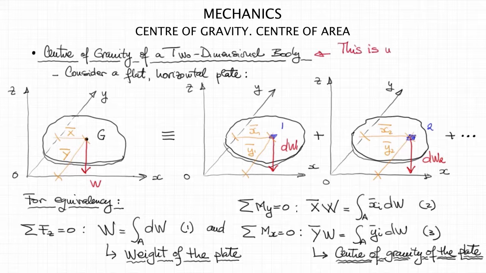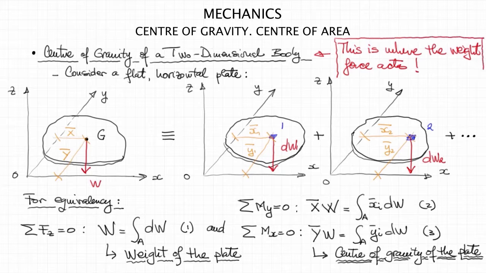So it is very important to know these coordinates because this is again the location where the weight force acts for this flat horizontal plate. It's very important, so we know exactly where to locate the gravity force.